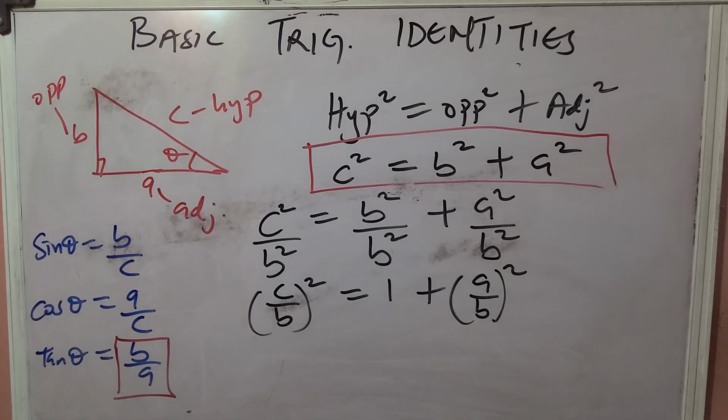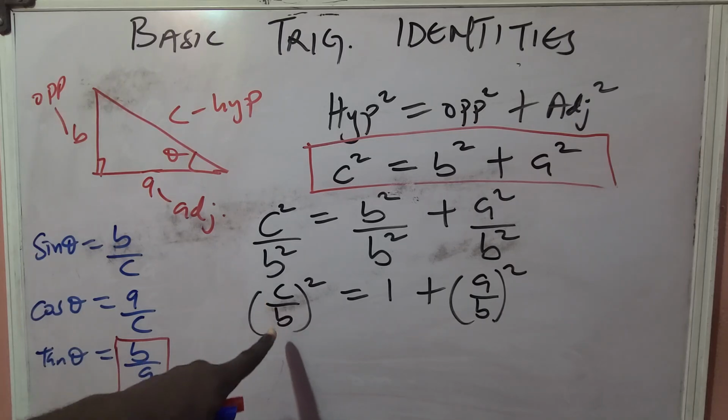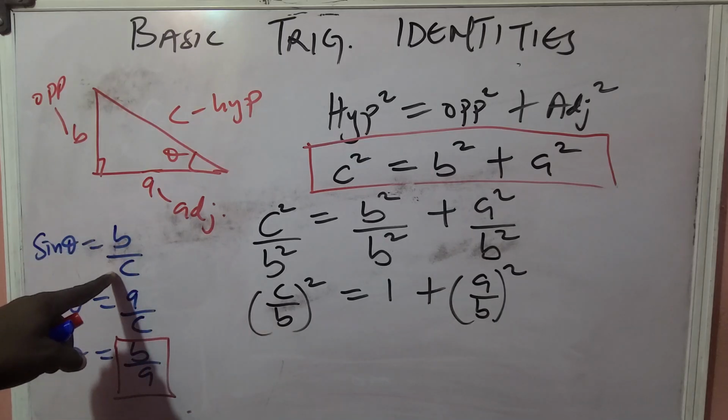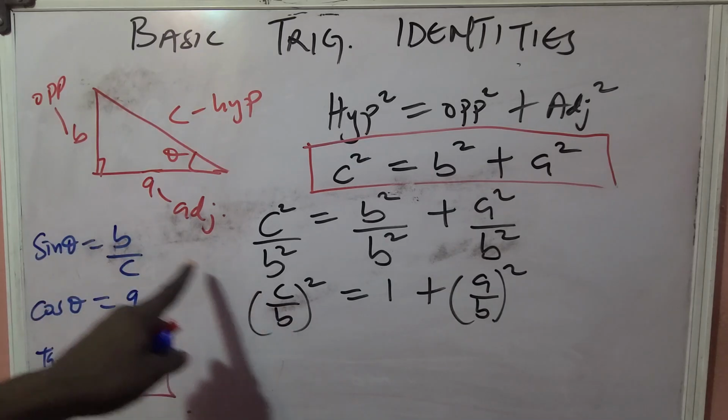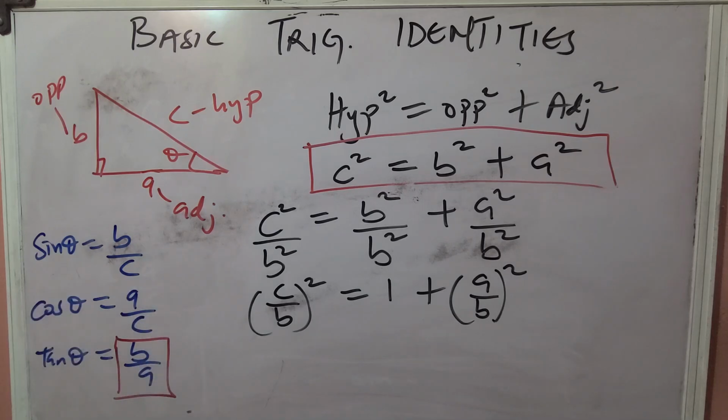Now if you look through what we have here, you can see that we are having c over b, b over c, c over b right here, b over c. Now if we do 1 over c over b, that means the reciprocal of c over b, what are we going to get?